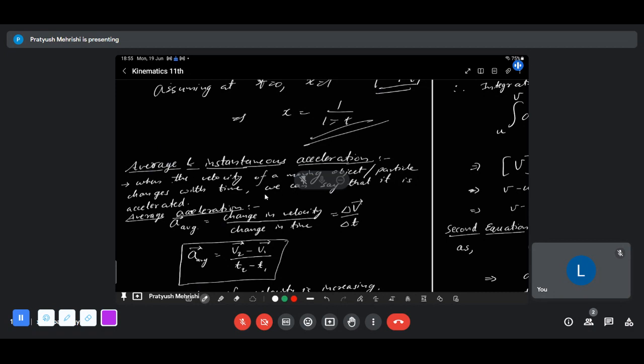The body is accelerated. We will study the same types of acceleration here: average acceleration and instantaneous acceleration. For average acceleration, it is final velocity minus initial velocity divided by the time interval.